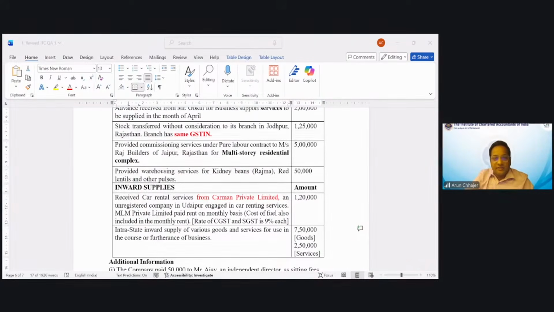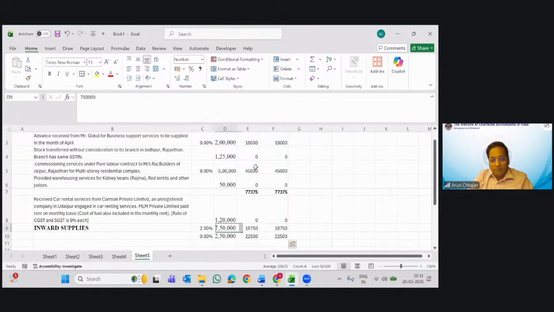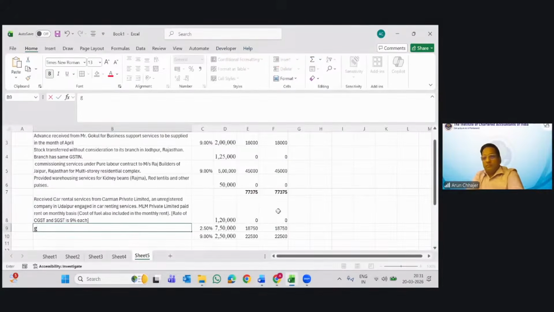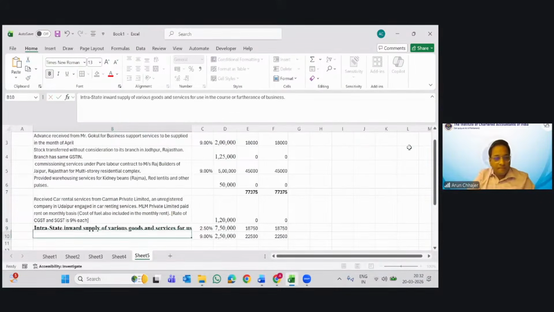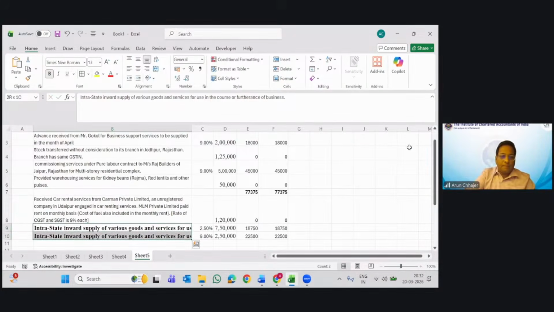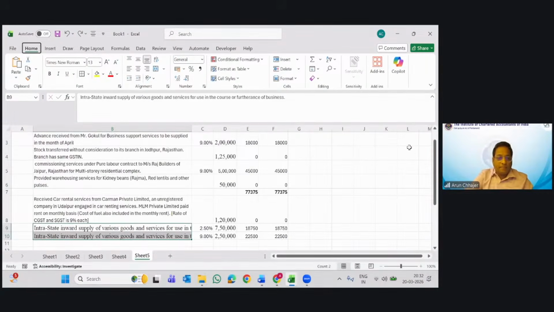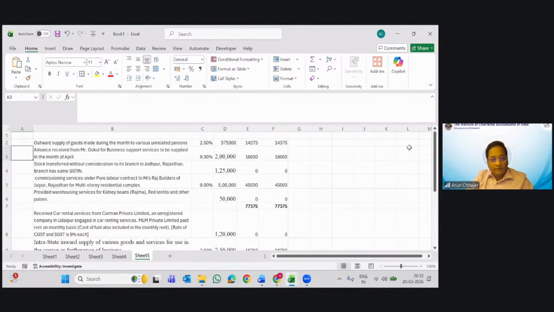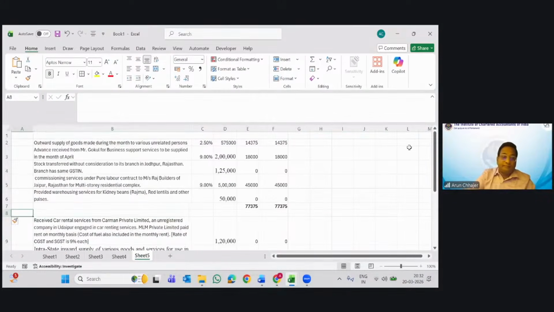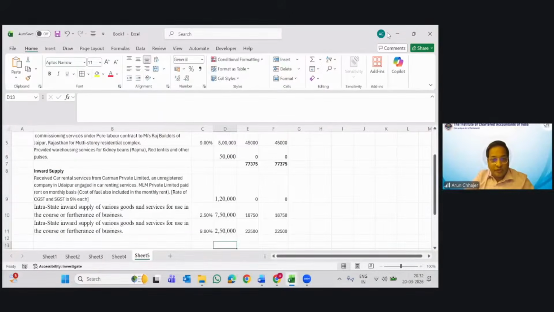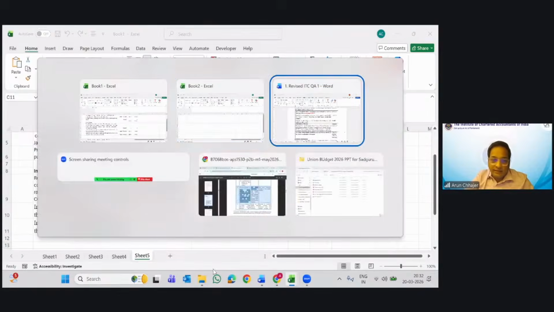I think I have not shared that screen. Is it clear up to here? Is it clear?